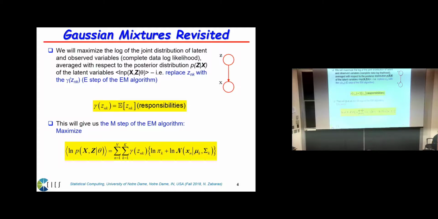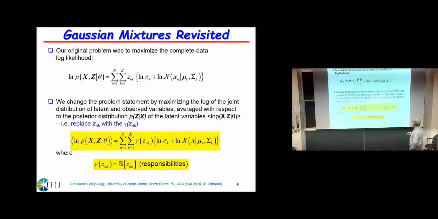Because we're going to take expectations, we substitute z_nk with the expectation of z_nk, which is nothing else but the responsibilities. You can appreciate that now the logs are directly on each component, not inside the summation, and the summations are outside. This is only possible because we work with the joint distribution of X and Z. Otherwise, we would have the log of a summation over these Gaussians, which is not an easy thing to do calculations with.